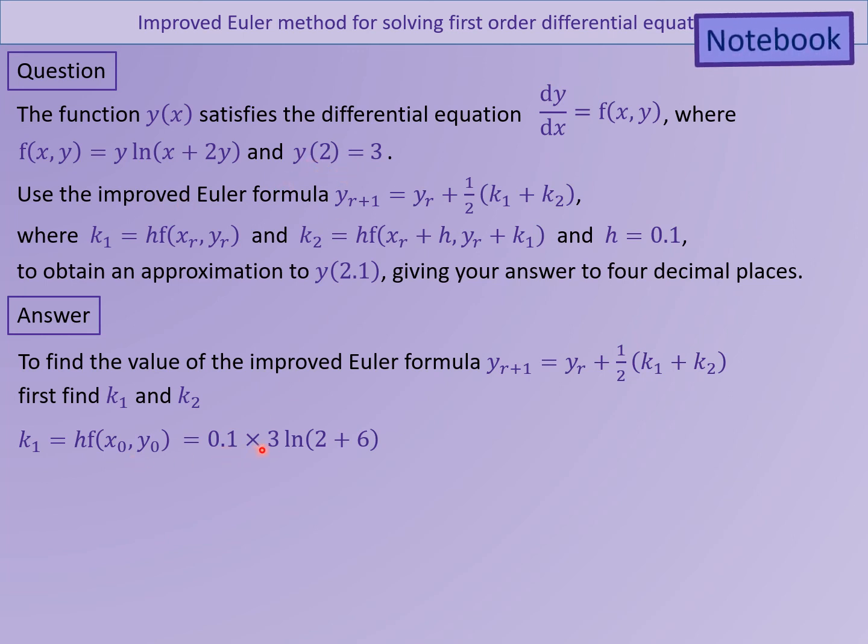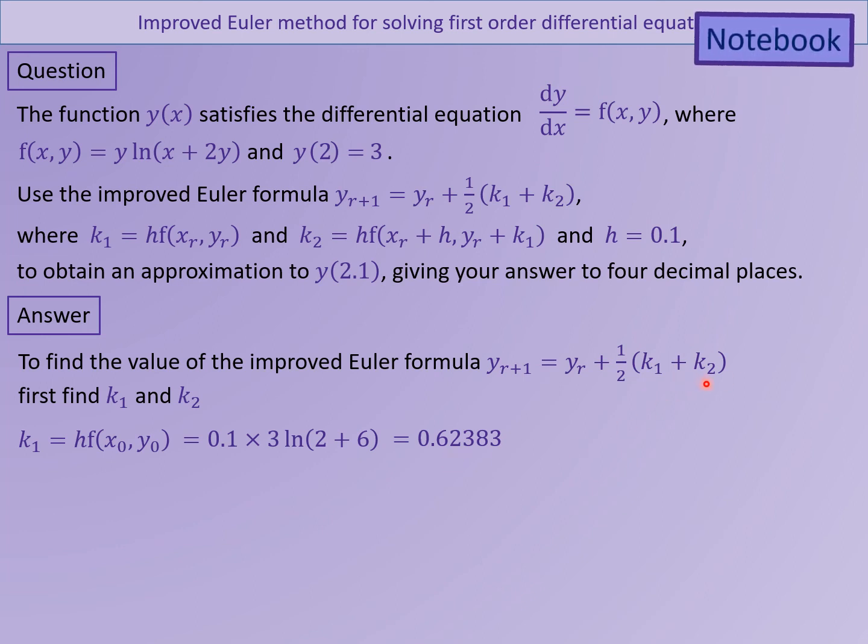Look, I've just basically put in 3 ln 2 plus 6. 3 ln 2 for y ln x, plus 2 times 3 is 6. So I'm working out k1, I do h times the gradient, the differential equation for x naught, y naught. There we go, 0.62383. Right, so that's k1 worked out.